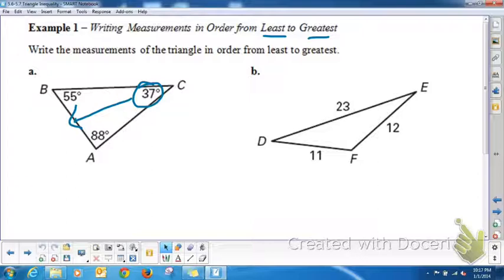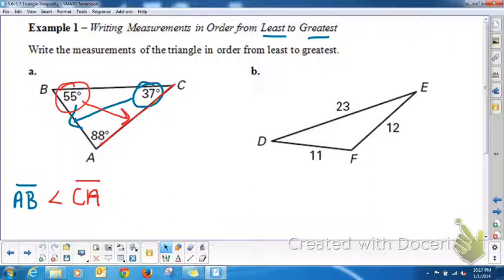So segment AB is the smallest. It is less than the medium side. Well, the medium would be across from the middle angle, right? 55 is across from this side, CA. So segment AC or CA is the medium one, the middle.